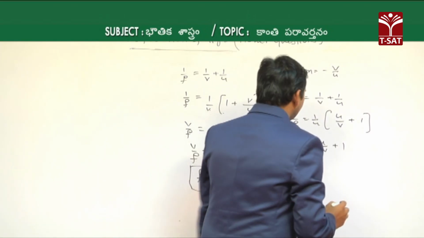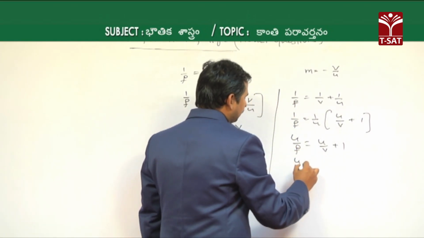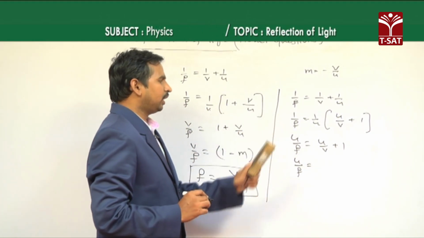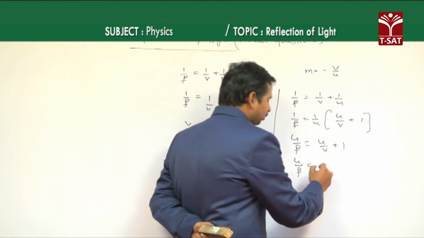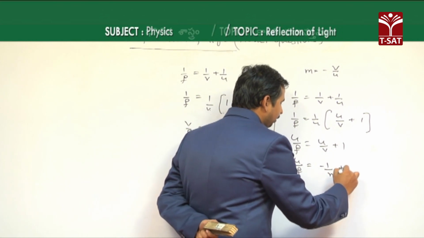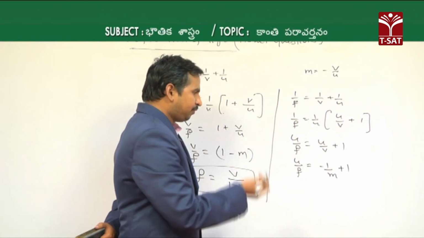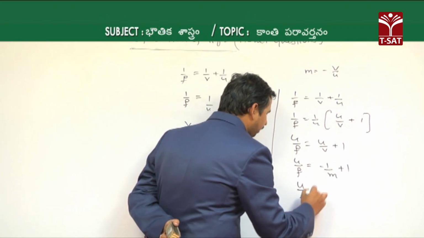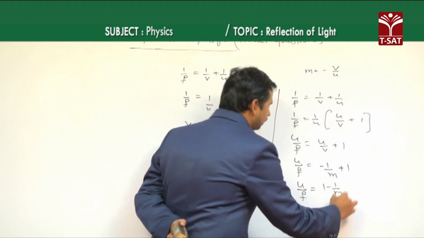Since v by u is m in magnitude, u by v becomes 1 by m, so with the sign, u by f is equal to minus 1 by m plus 1, that is u by f is equal to 1 minus 1 by m.